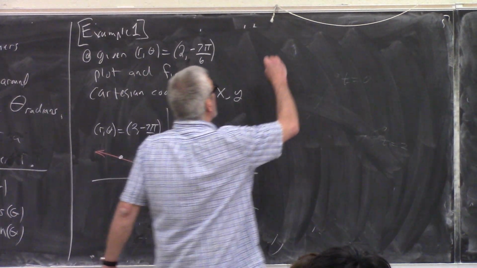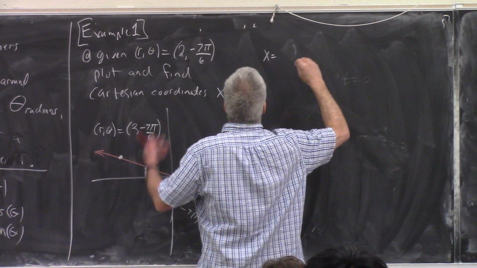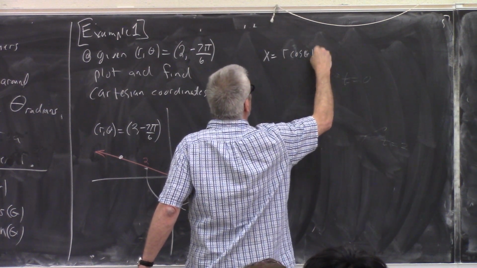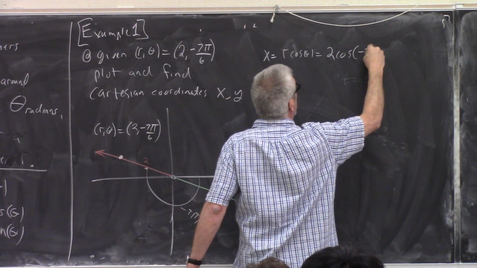Okay, so then let's get x. The next thing is to get the Cartesian coordinates. So x is going to be r cos theta. So that's going to be 2 cos of negative 7 pi over 6.